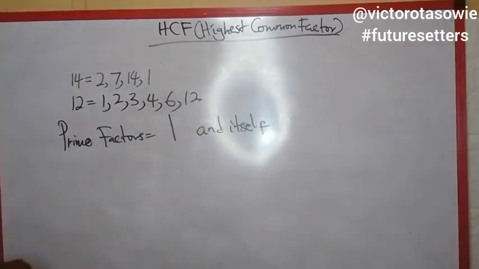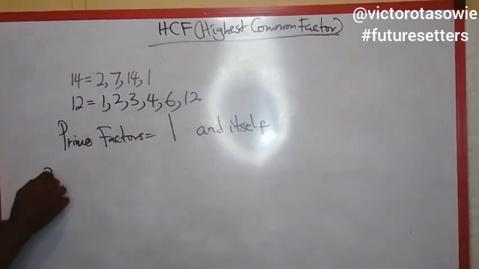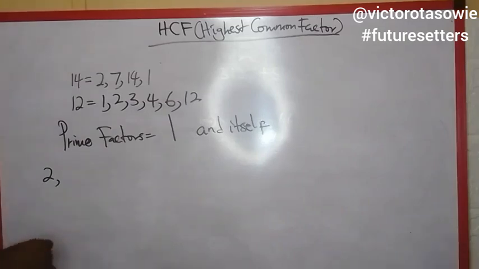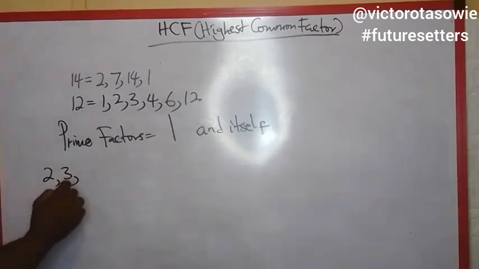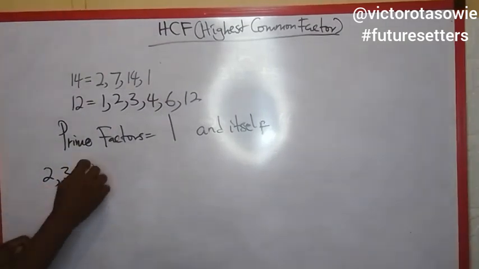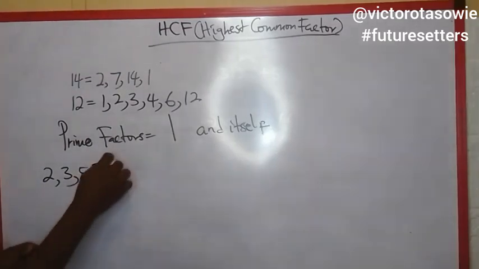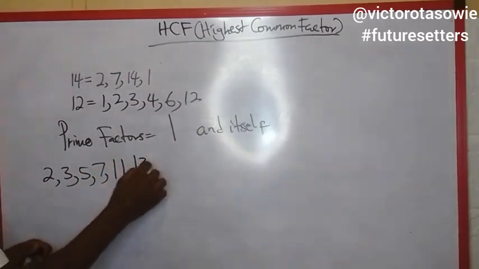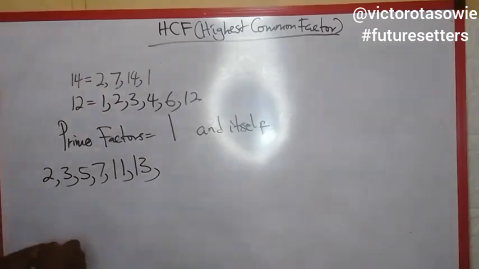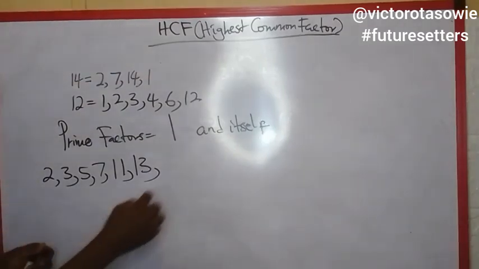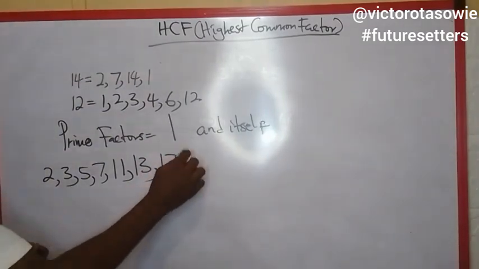Examples of prime numbers: we have 2, because 2 can only be divided by itself and 1. 3, 5, 7; 8 is not among, 9 is not among, 10 is not among; 11, 13; 14, 15, 16 are not among; 17 is among, 19.